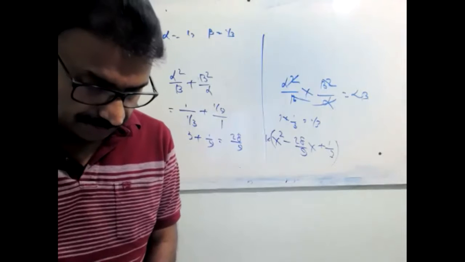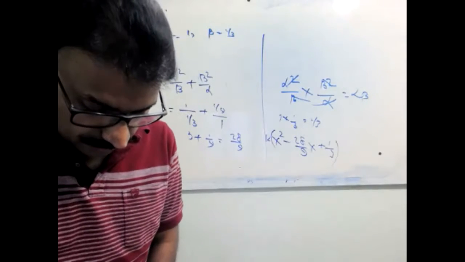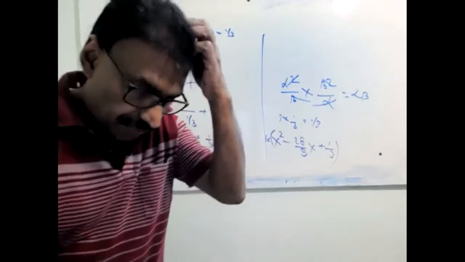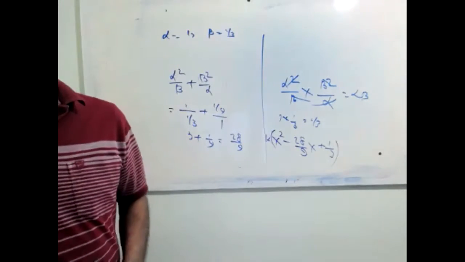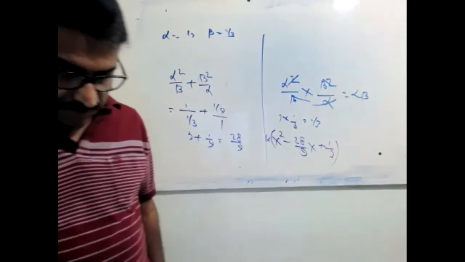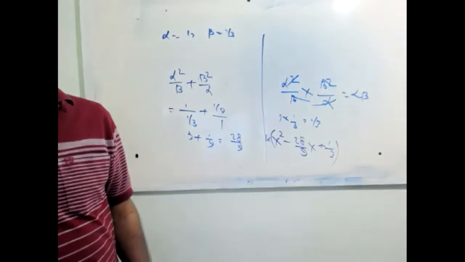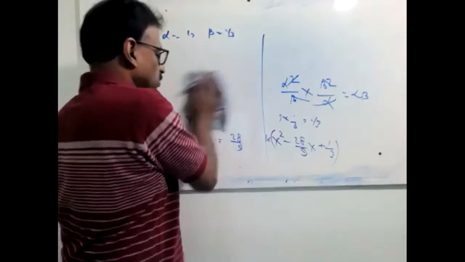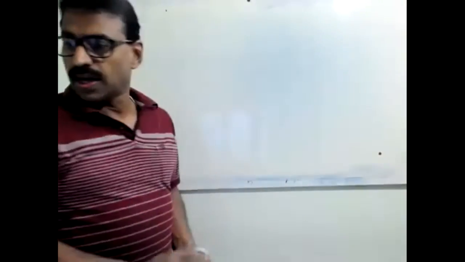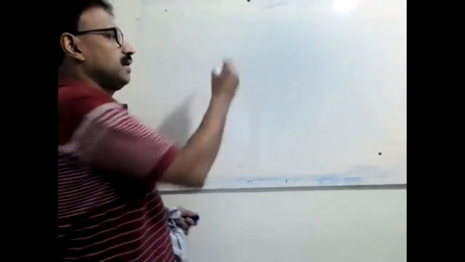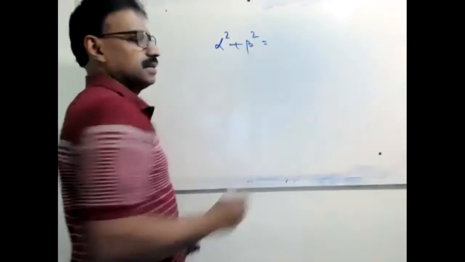Now, number one formula I gave you: alpha square plus beta square is what? Remember or not?